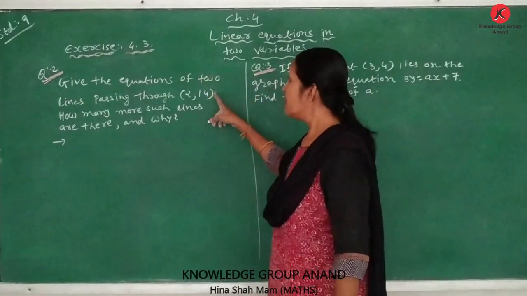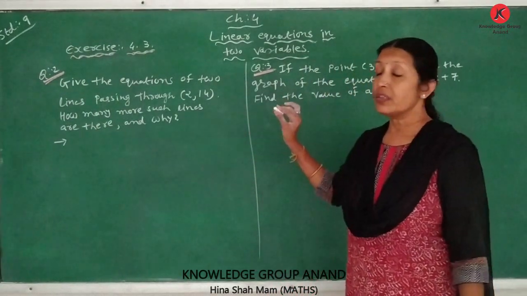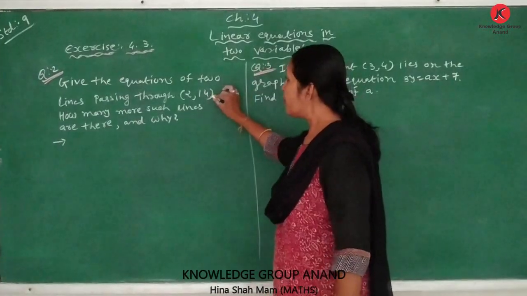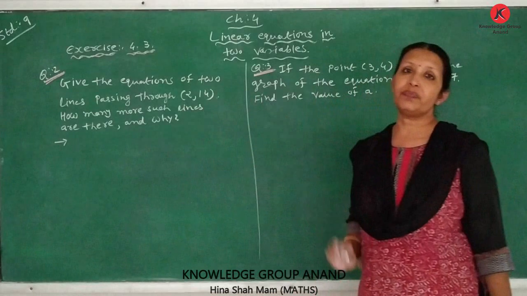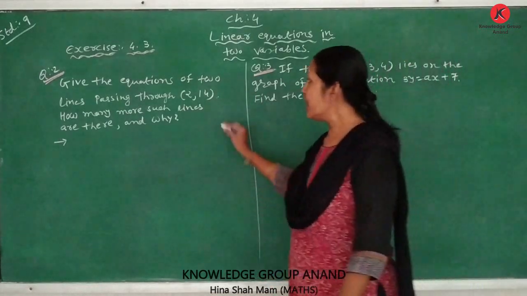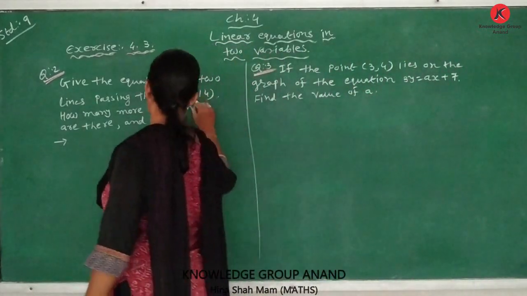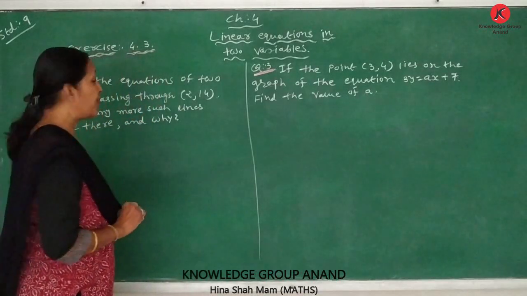We give two equations, such that (2, 14) is a solution of each. Here the x coordinate is 2 and the y coordinate is 14.